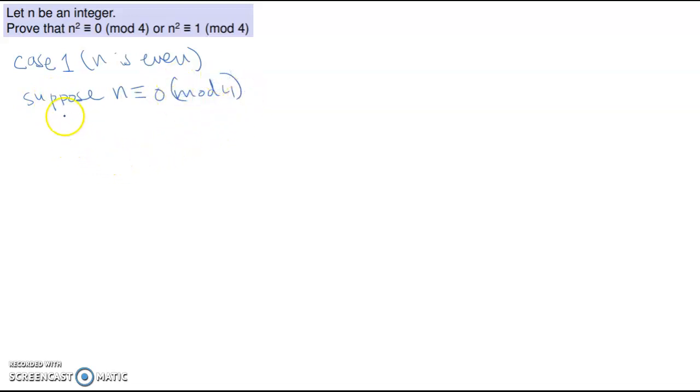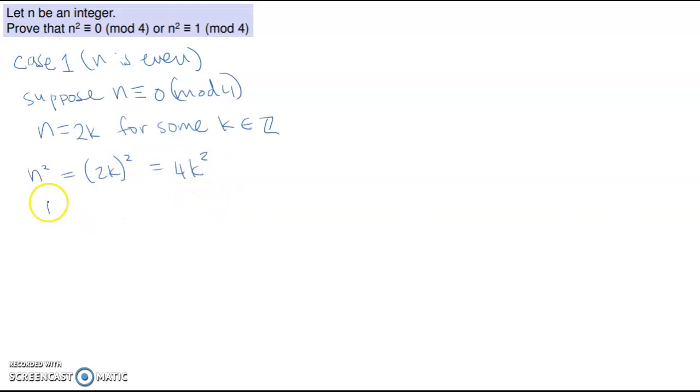And n is even, which means that n is 2k for some k that is an integer. And n squared is going to be 2k squared, which is 4k squared.